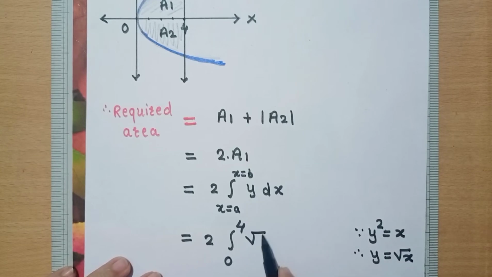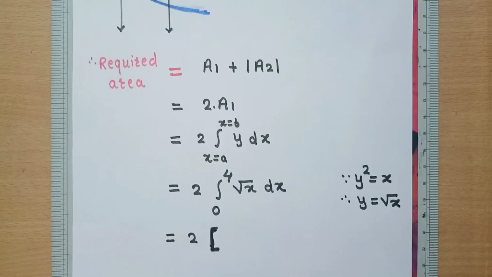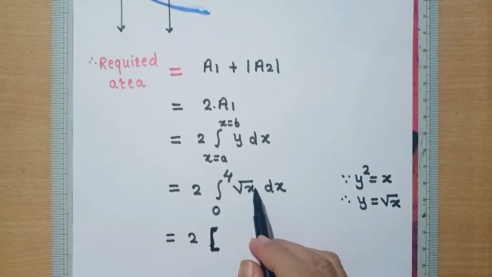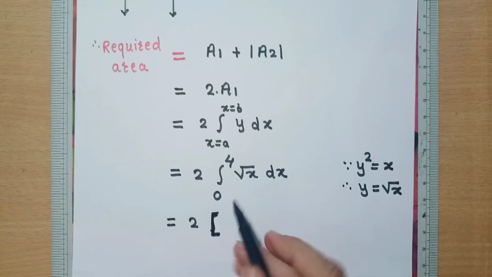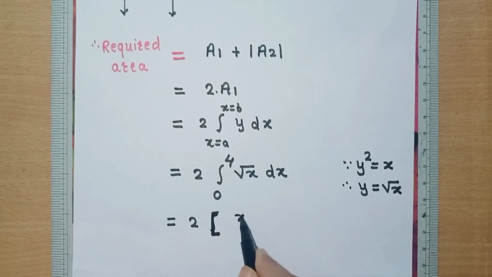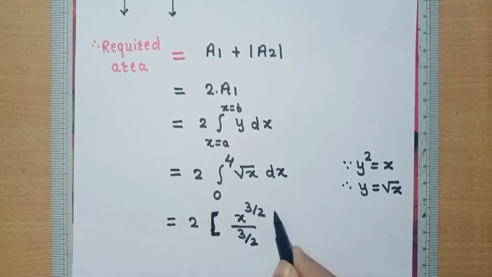So here we will write root x dx, and here we will use the x raised to n formula. So x raised to half, its integration is x raised to 3 by 2 upon 3 by 2, and limits from 0 to 4.